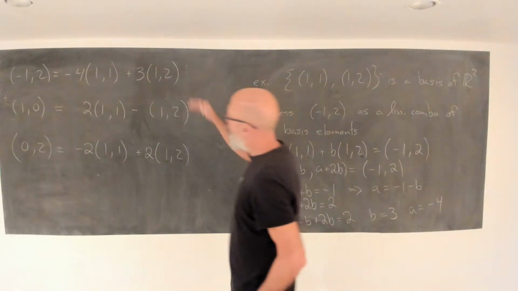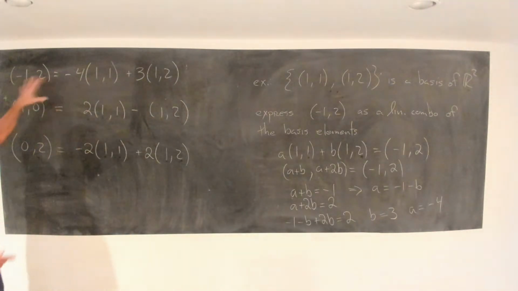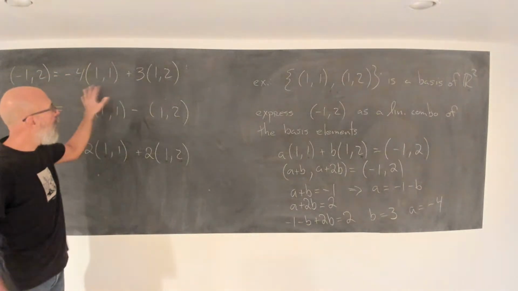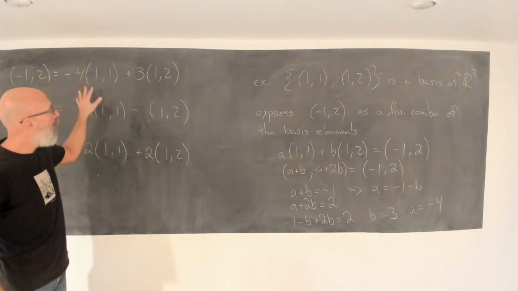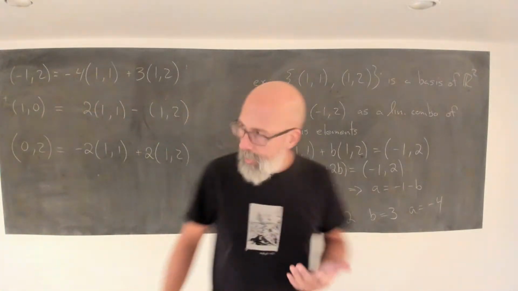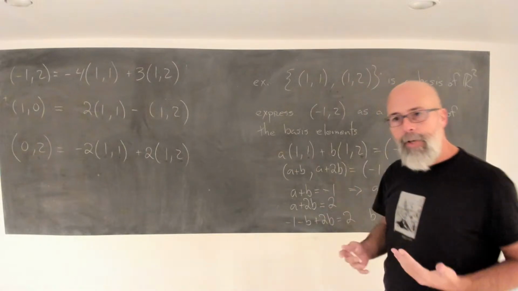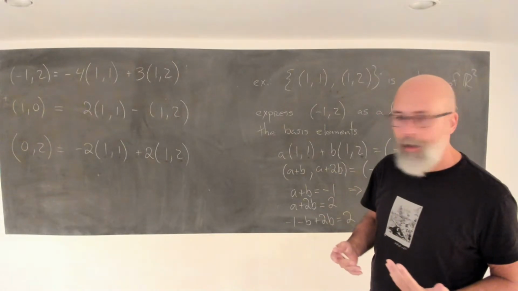And here, what are we doing when we're representing an element in another basis as a linear combination of elements in a different basis? Let's try to be as efficient as we can.